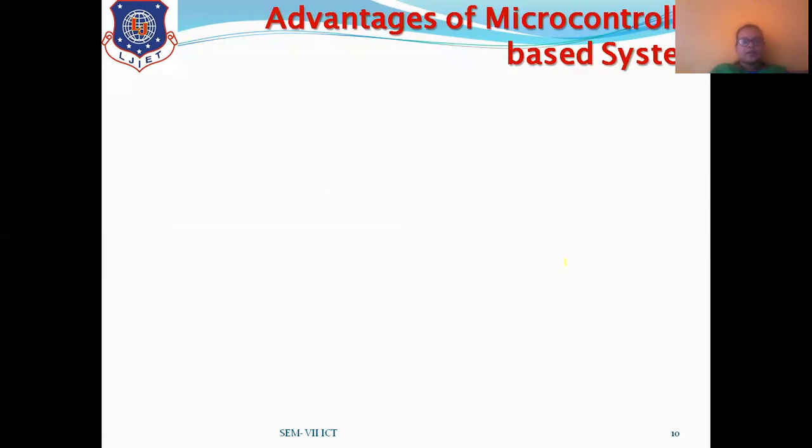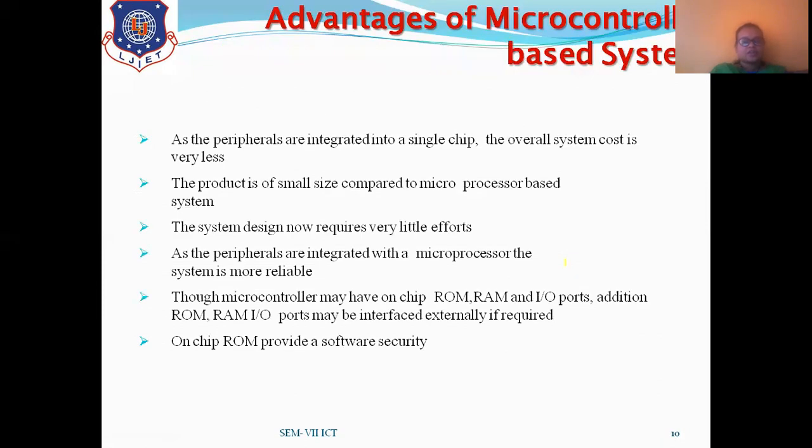Now, next, going towards the last topic of this session, that is advantages of microcontroller based system, right? So these are some listed advantages of microcontroller based system, right? Now, first, as the peripherals are integrated into a single chip, the overall system cost is very less, right?